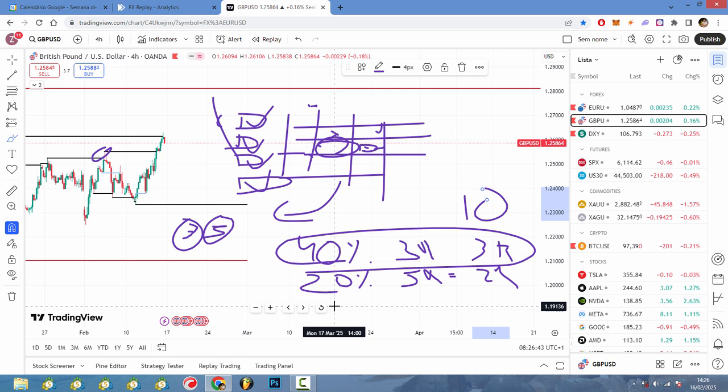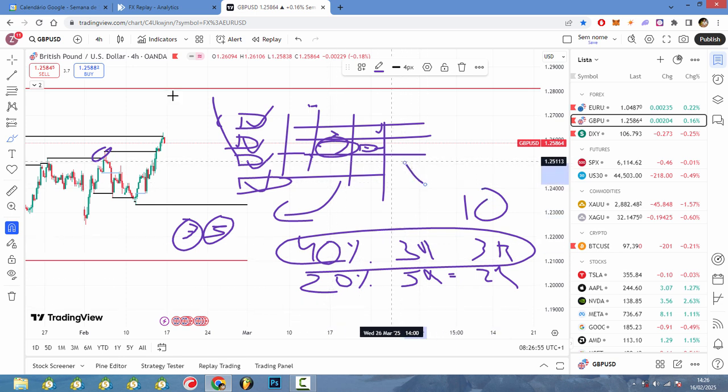The pair: try out different pairs. Try out EU, try out GU, try out gold, futures, whatever. Just find your main space. We're all different. You might pick some strategy off an influencer, you might pick my one or something, but at the end of the day, you're gonna add some little stuff to it, and it's gonna become your own.